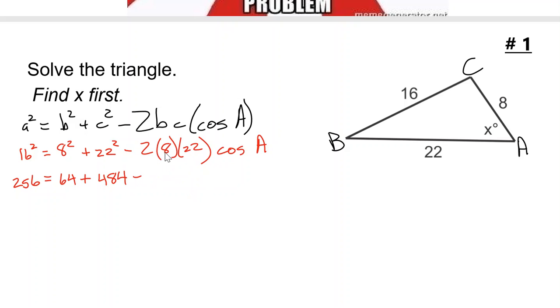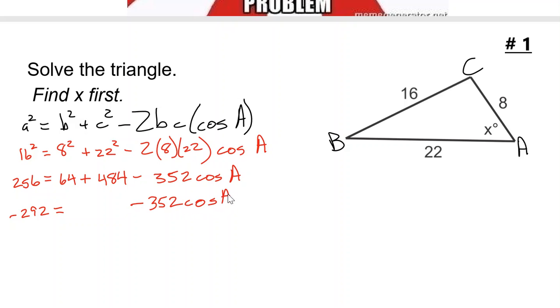That's going to be 44 times 8, which is 352. And then we get to subtract. This becomes a calculator issue. 256 minus 64 minus 484 becomes negative 292 equals negative 352 cosine A.